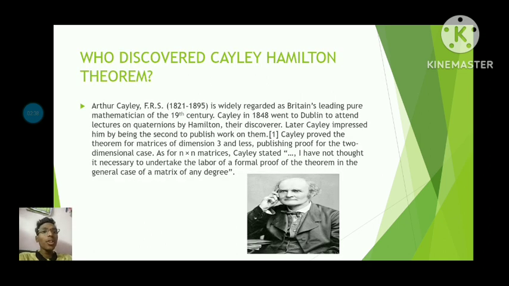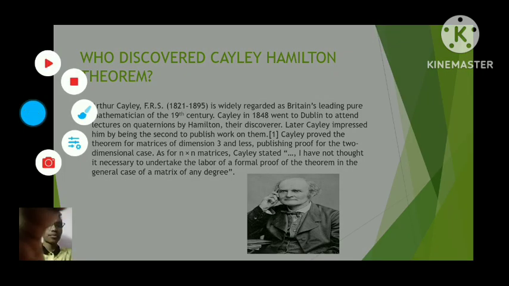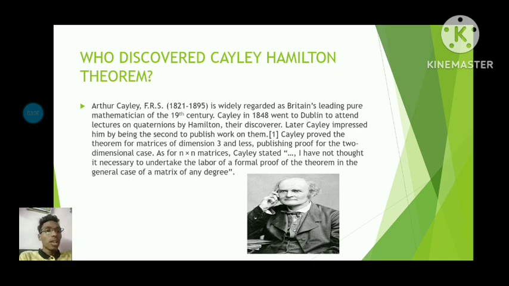Now we see who discovered the Cayley-Hamilton theorem. Arthur Cayley, from 1821 to 1895, is widely regarded as Britain's leading pure mathematician of the 19th century. In 1848, Cayley went to Dublin to attend lectures on quaternions by Hamilton.